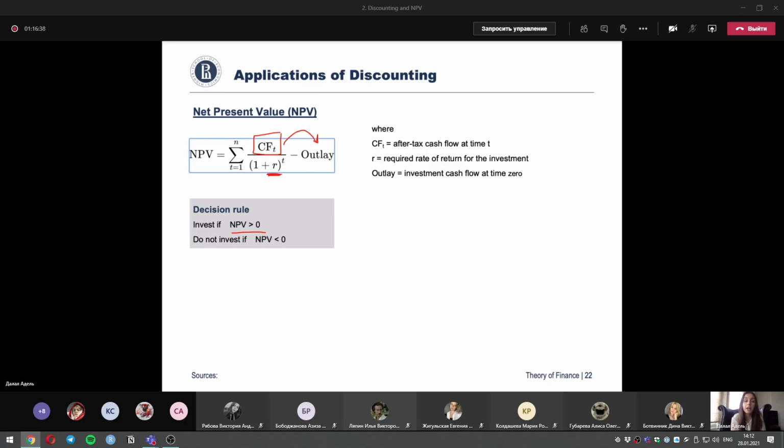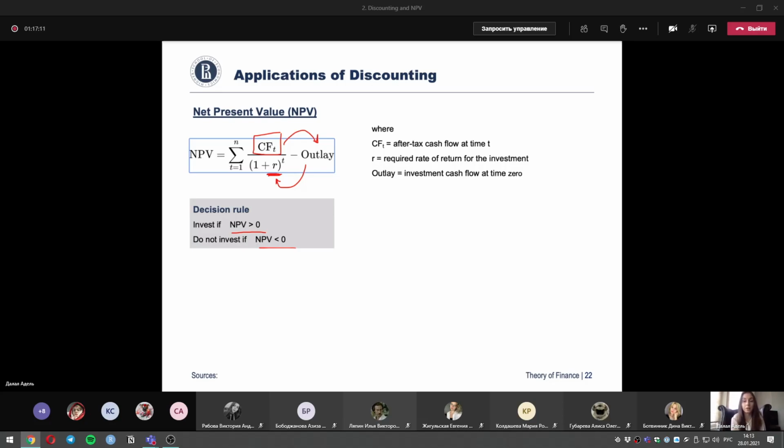If we invested this money somewhere else at this rate, we would also earn something. So our cash flows from this project cover our investments and this lost opportunity of investing money somewhere else at this rate. If it is positive, then we invest. If not, then we leave the project, so do not consider it as an investment.